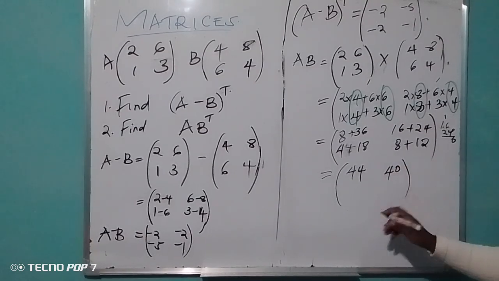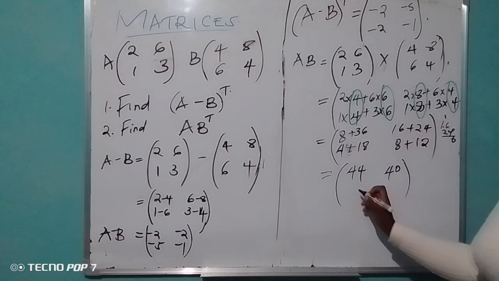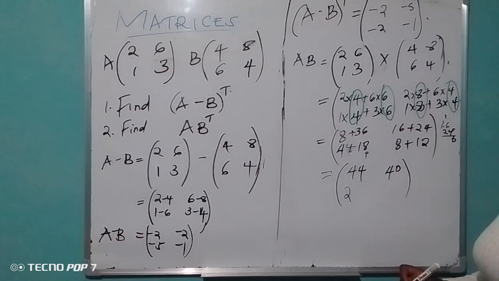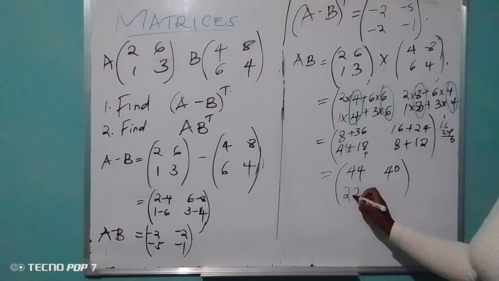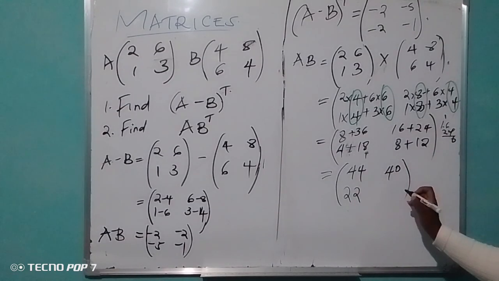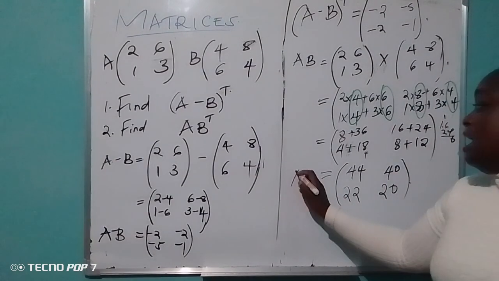Yeah. 4 plus 18 is 22. Then 8 plus 12 is 20. So that is AB.